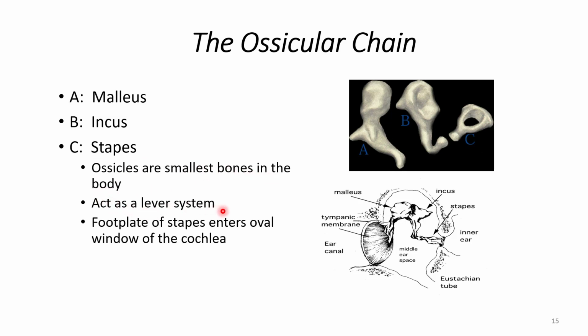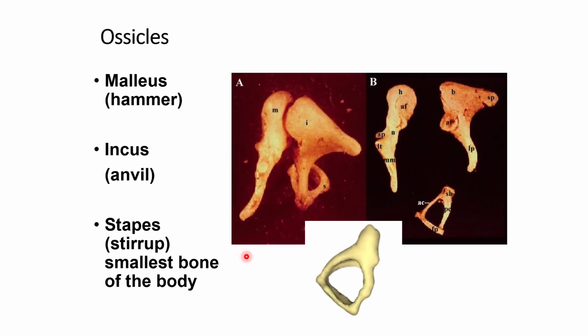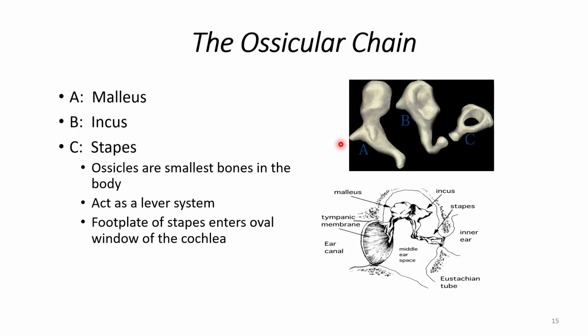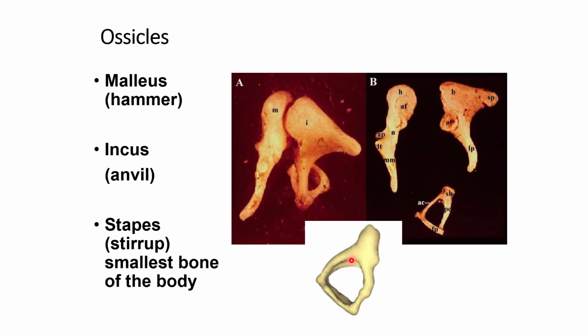They act as a lever system, and the foot plate of the stapes enters the oval window of the cochlea. So whenever you see, this is how these bones appear. Actual bones appear like this. The stapes, which is also called the stirrup, is the smallest bone of the body.